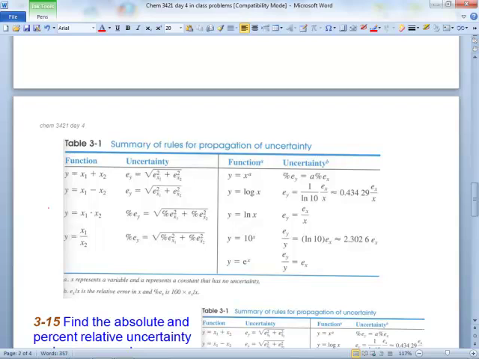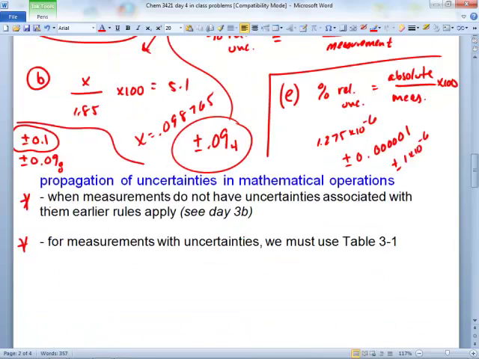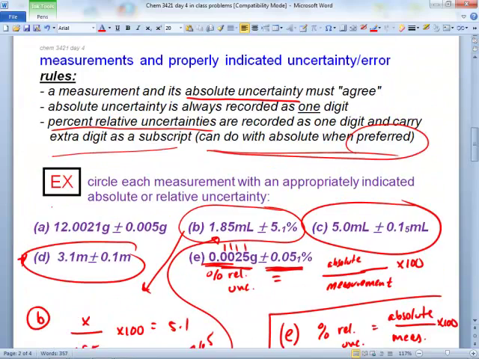Okay. Before we keep going here, there were two types of error, two types of tolerance. They were called absolute uncertainty and percent relative uncertainty.